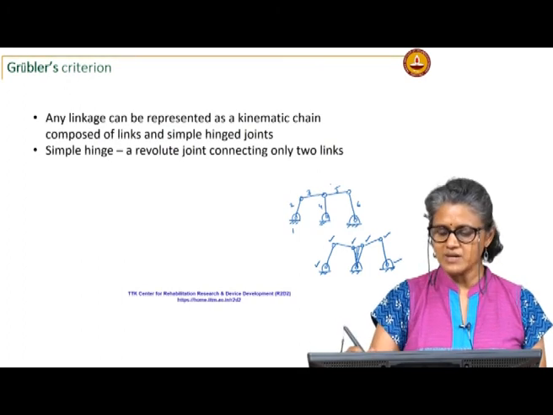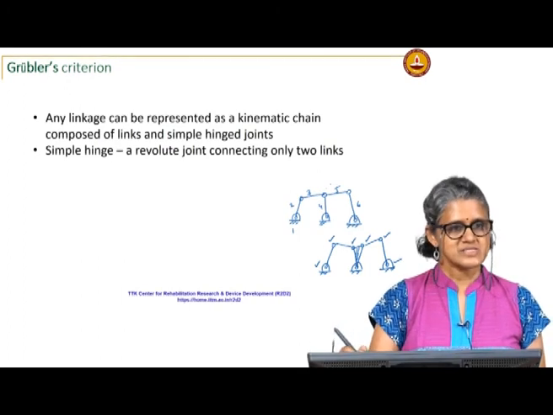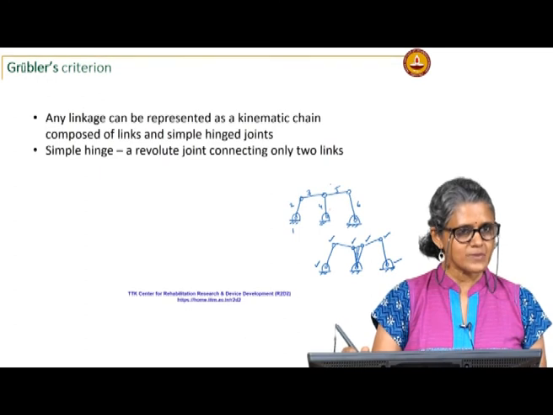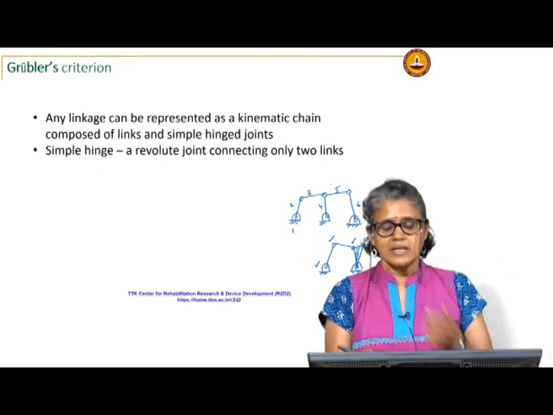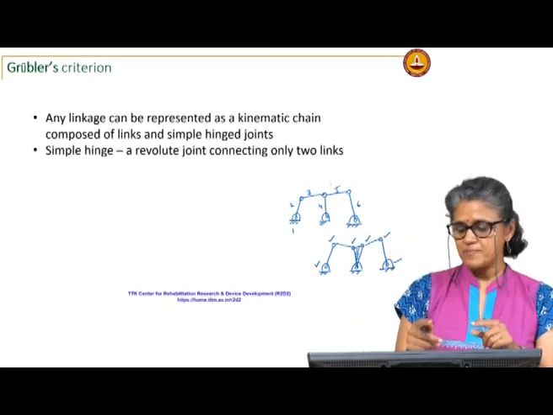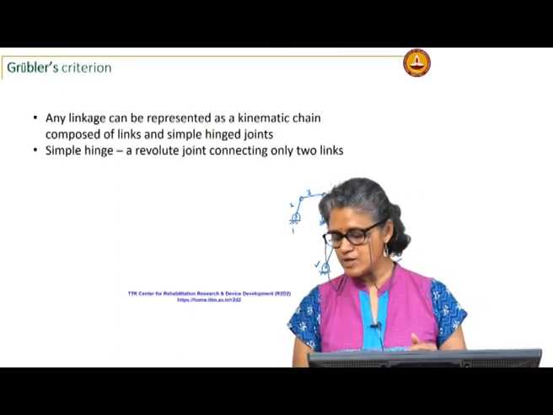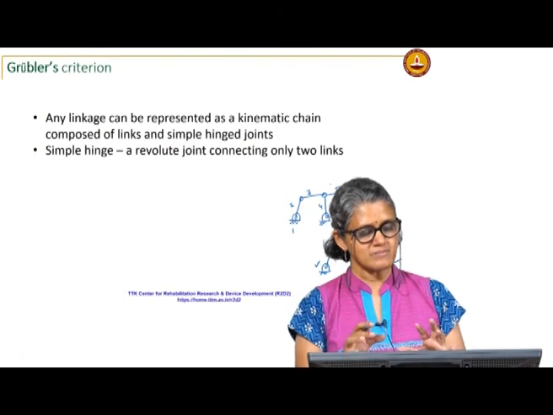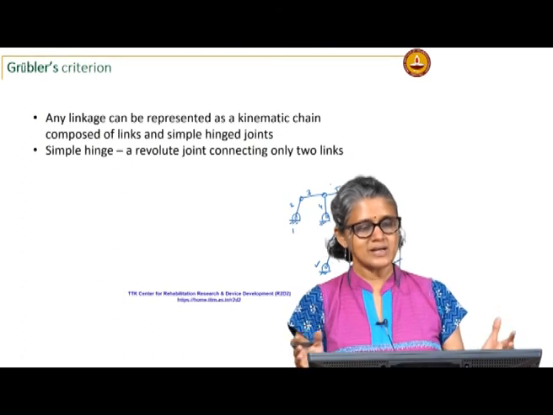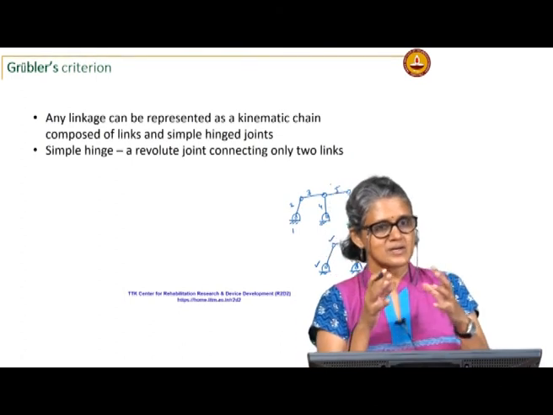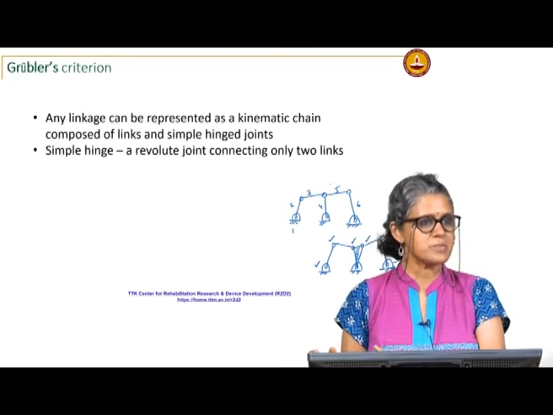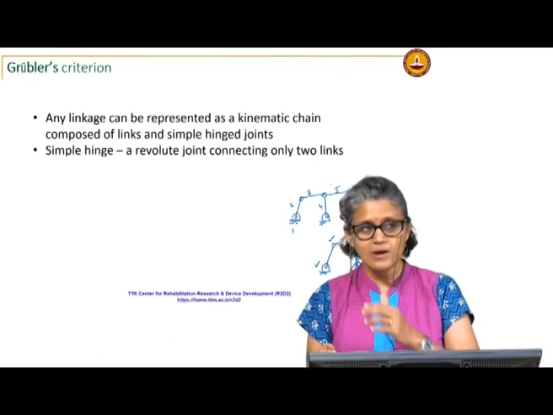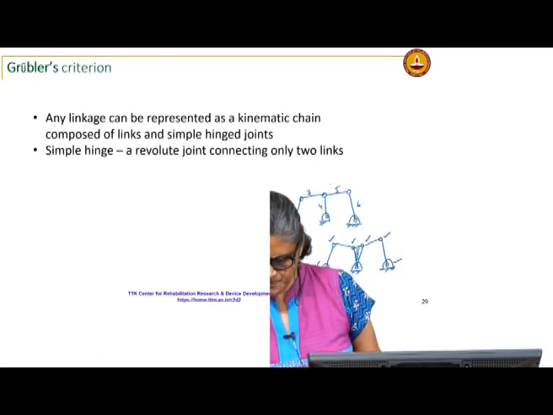Out of these 3 binary links, I convert one into a ternary link. The reason I am doing this is because we will now do some things with the mobility equation, where we make the assumption that we are converting any mechanism or linkage into something with only simple hinge joints.